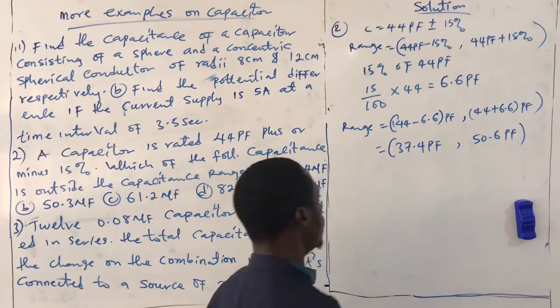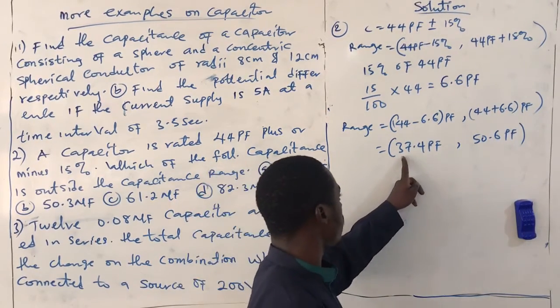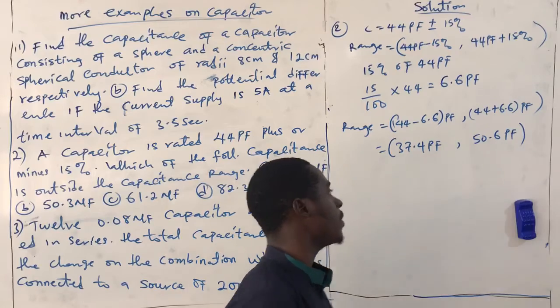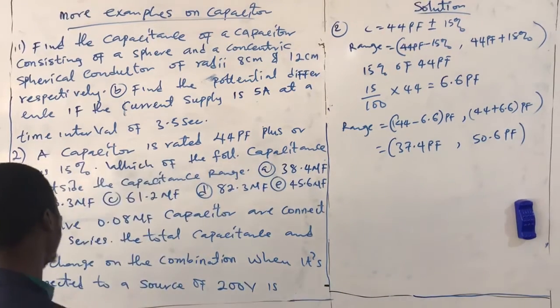So now it means that any value between 37.4 and 50.6 is in the range.